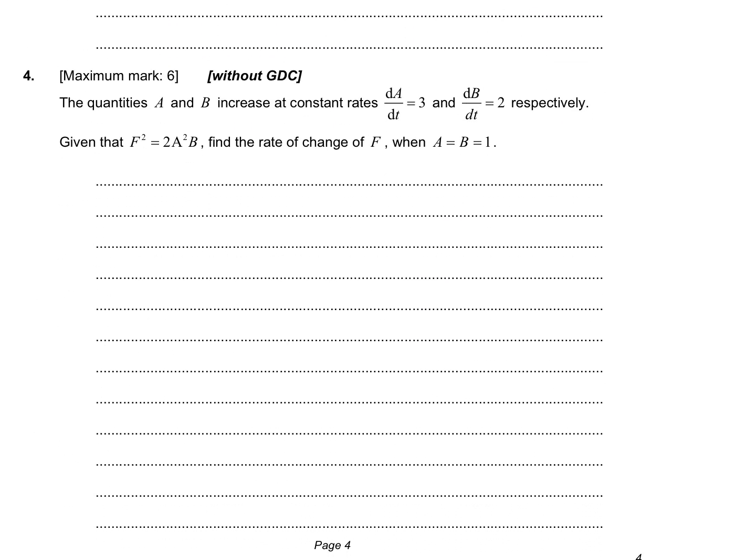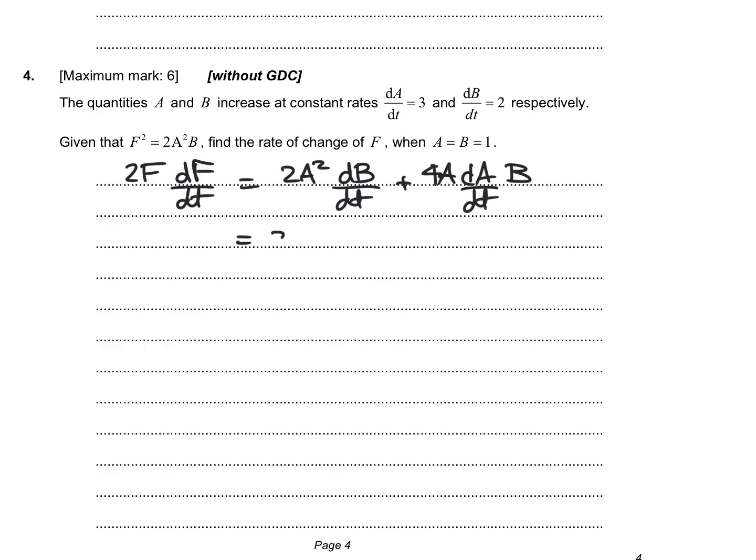So we've got the same situation. So we have 2f df dt equals the first times the derivative of the second plus the derivative of the first times the second. Okay, so now we've got A and B are 1.